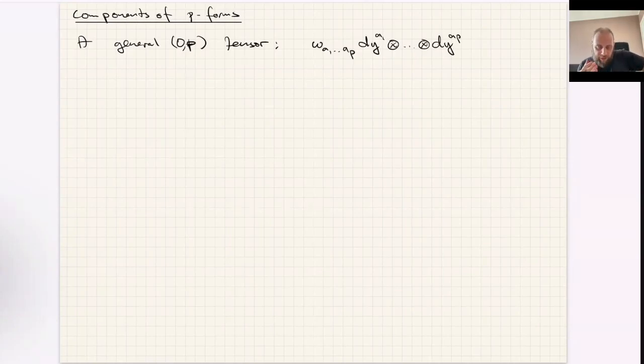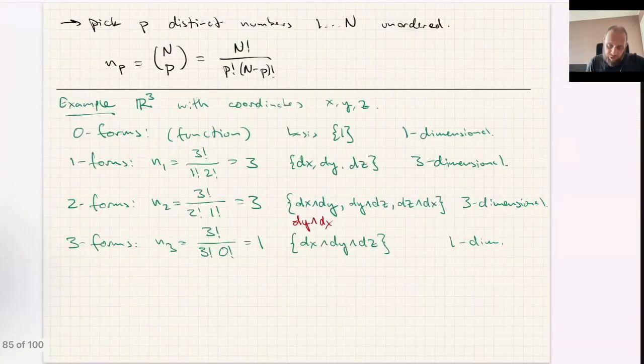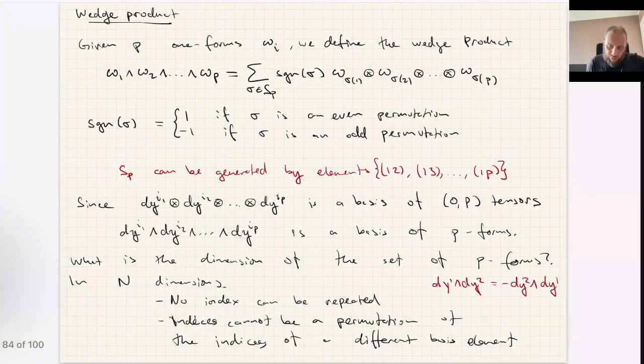Now if I, instead of these with the normal tensor product, want to use the wedge product, well, first of all, if I have a p form, then this thing is going to be antisymmetric. But I should note that the wedge product contains p factorial terms here, because the order of this group is p factorial.